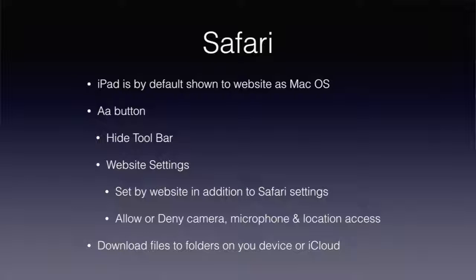Okay, there is now a new button on the left-hand side of your address bar that is a capital and a lowercase a. When you press that button, you get additional options. You can hide the toolbar. You can go to website settings.